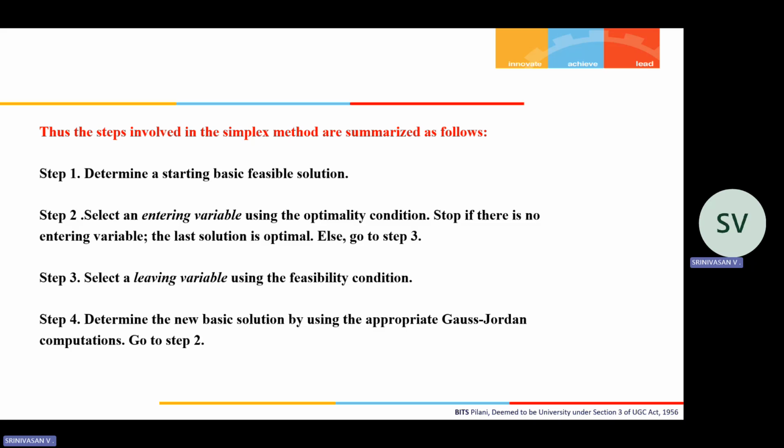You don't need to go for any more iteration. Otherwise, go to the next step. That is, you improve upon the value of Z by taking the most negative, or if there is only one negative, that is the pivot column, and so on.